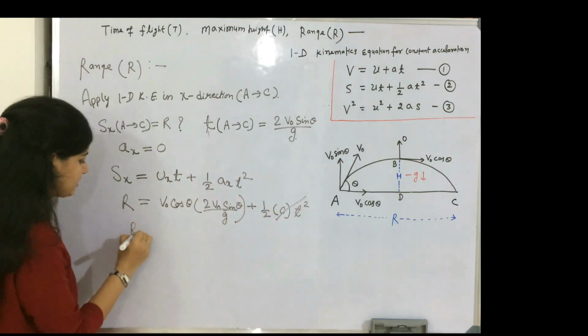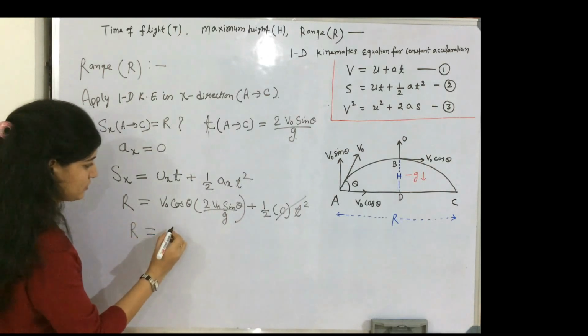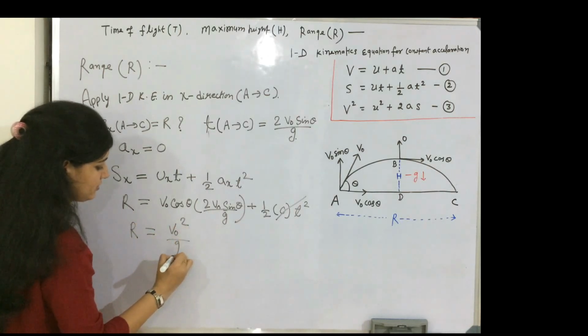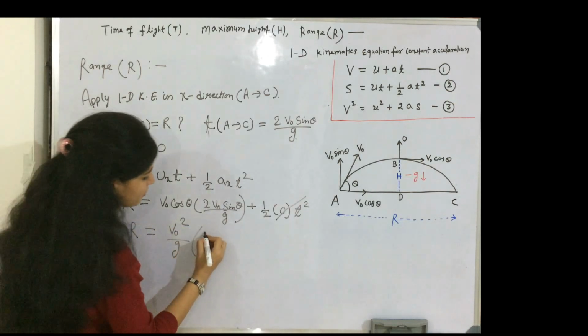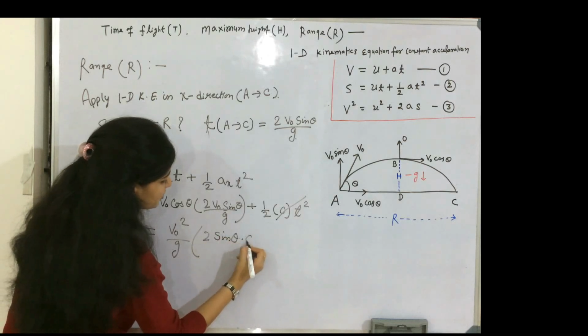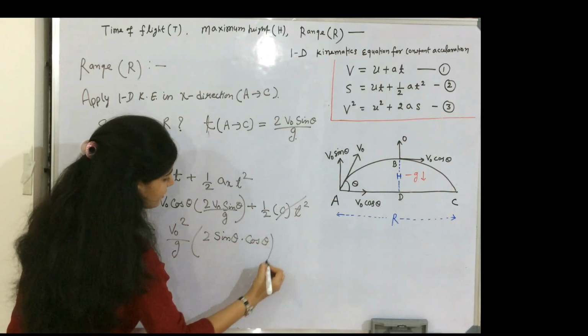So R equal to V naught square by g into 2 sin theta into cos theta.